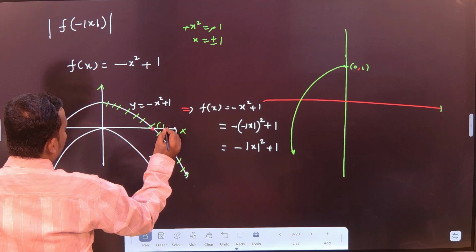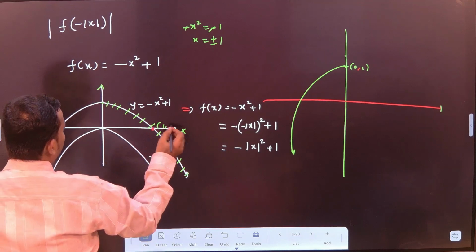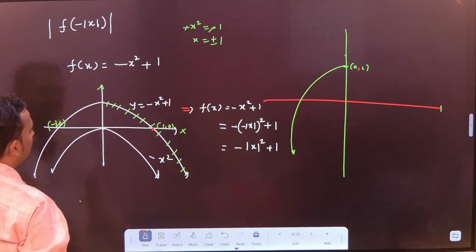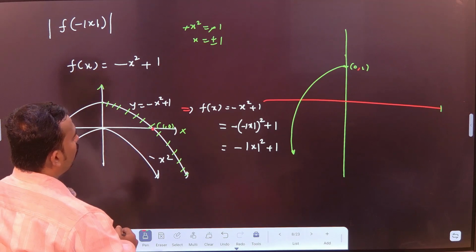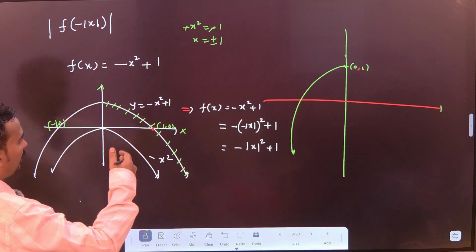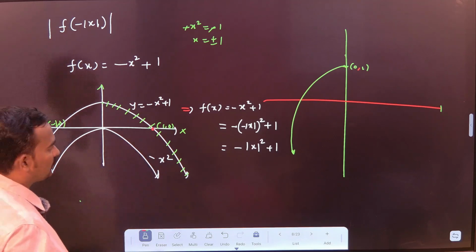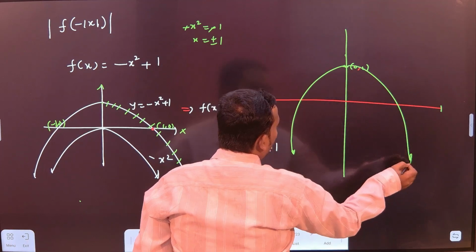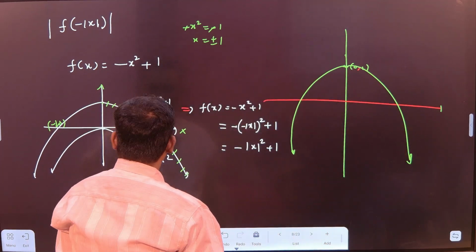This point is 1 comma 0. This is minus 1 comma 0. Clear? Okay. Now, whatever the left side portion is there, you have to take the image of that with respect to y-axis. So if you take the y-axis, this one graph, right?